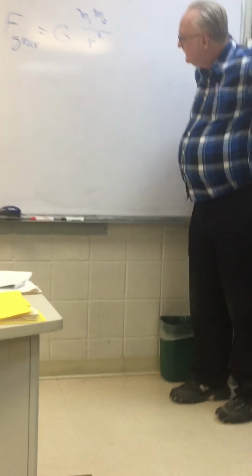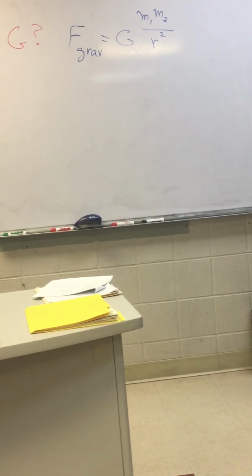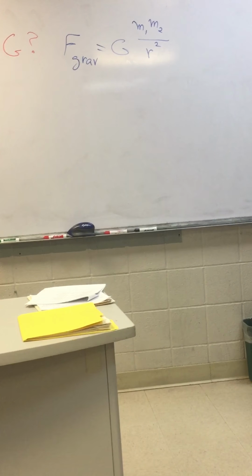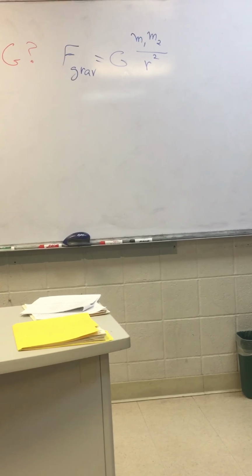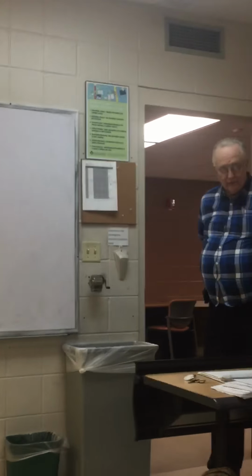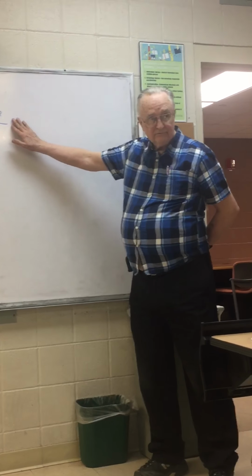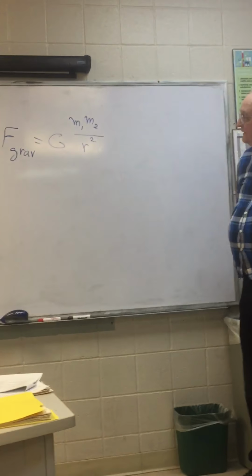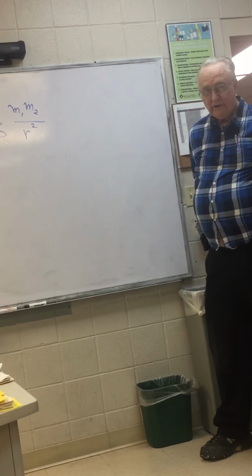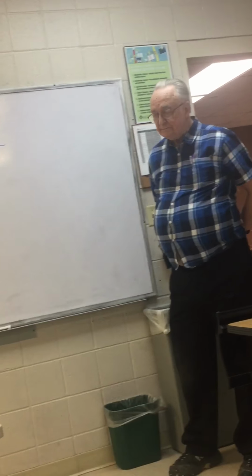Capital G is a universal constant because gravity works everywhere in the universe. We are being attracted right now by the furthest galaxy. The force is not very great because of the great distance between us, but it's still there. It's measurable. Gravity is universal. It extends throughout the universe.